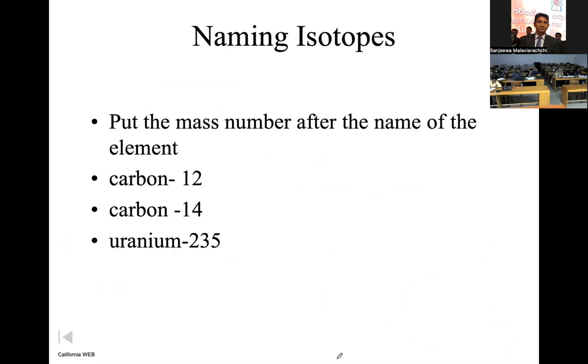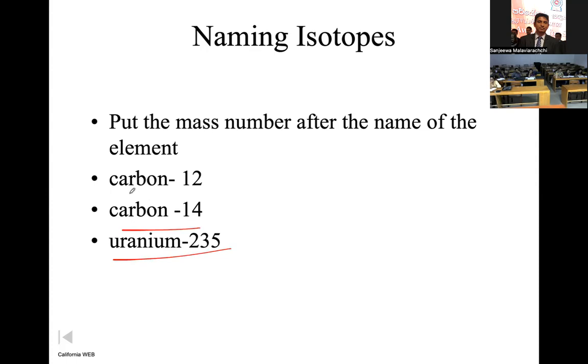So as I mentioned before, naming the isotopes can be given like this. For example, carbon-12, carbon-14, uranium-235, like that. There are so many types of isotopes, and any of them can be named like this.